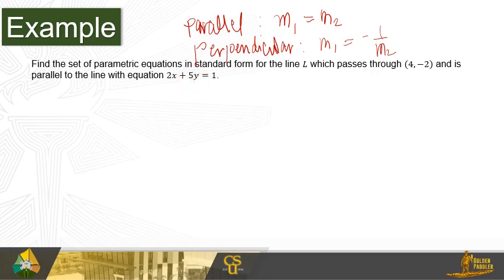Okay? So let's start our solution. First, we let x sub o, y sub o be 4, -2.